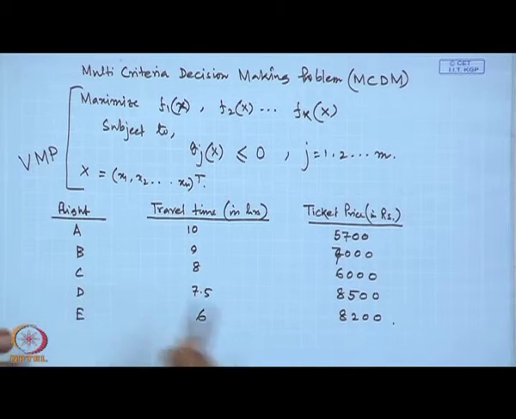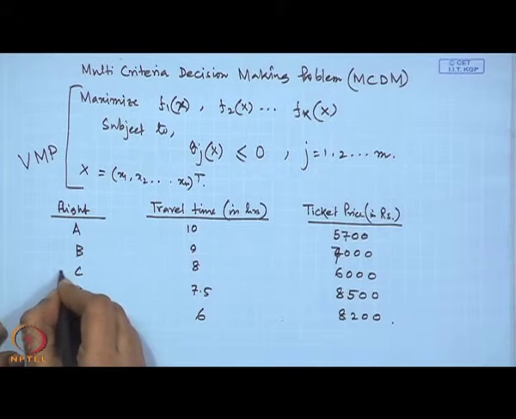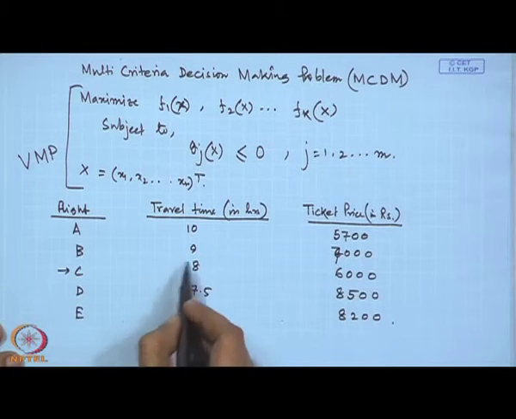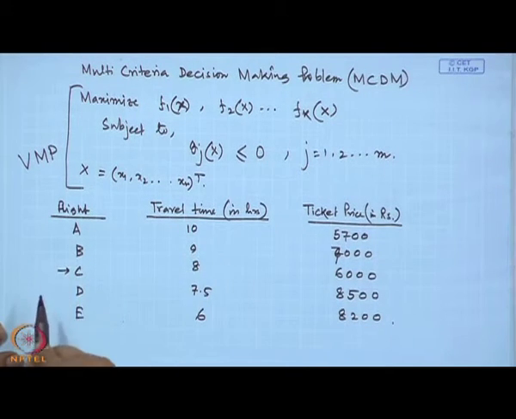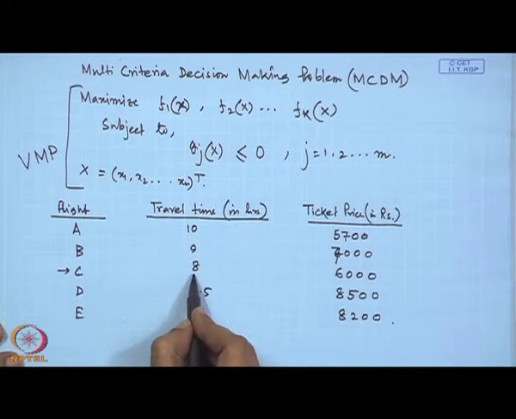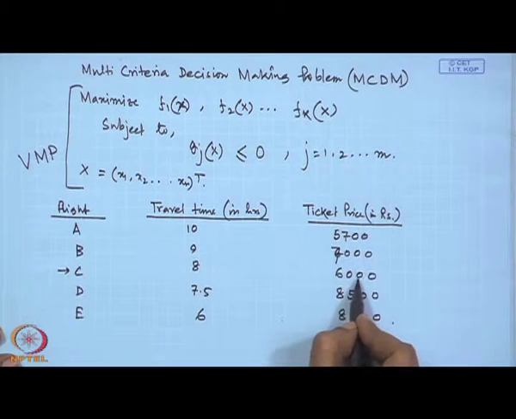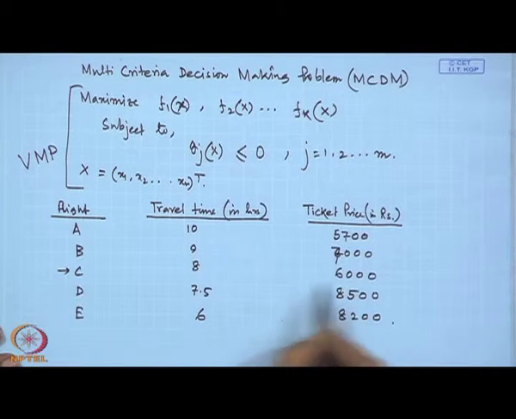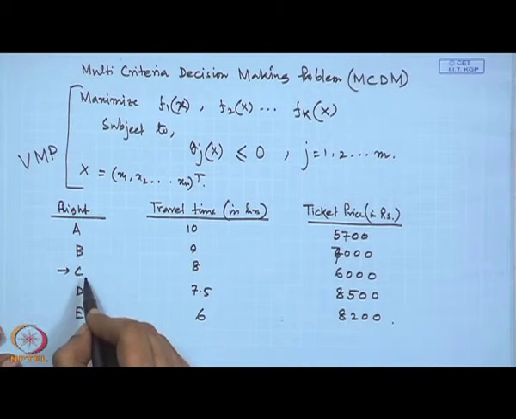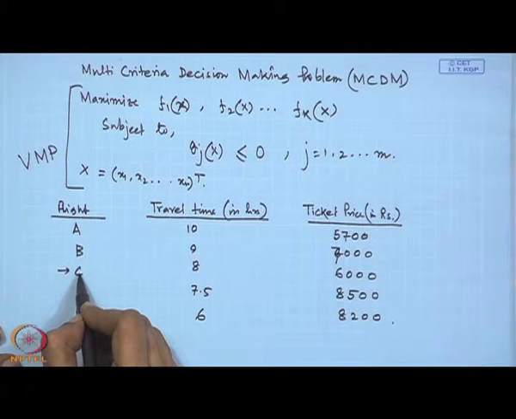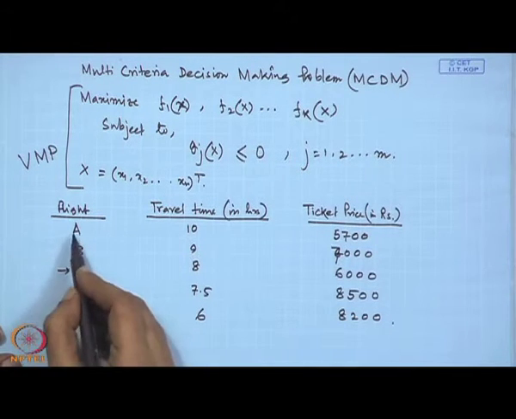Now, let us include in my options the option C. Between B and C, we see that the travel time for option C is less as well as the ticket price is also less. Certainly, B is dominated by C, so we will go for option C. But again the problem is there: what about A?